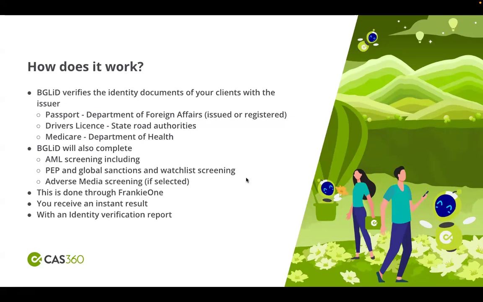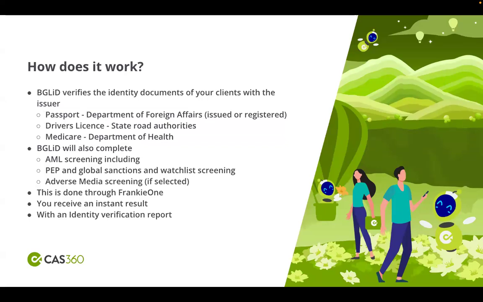Okay, next I want to talk a little bit about how BGLiD works. When it comes to identity verification, there are a lot of products in the market. And this might sound a little bit odd to you, but not all of them do the same thing.